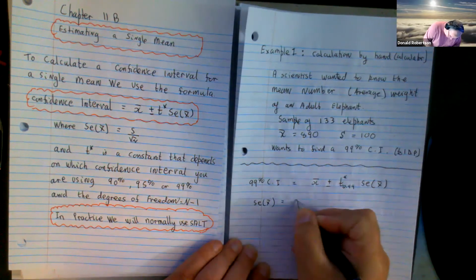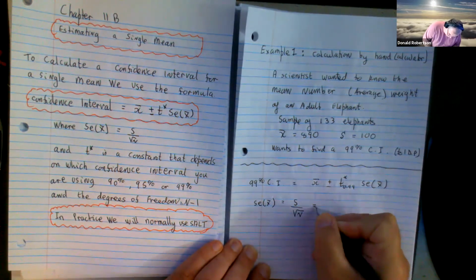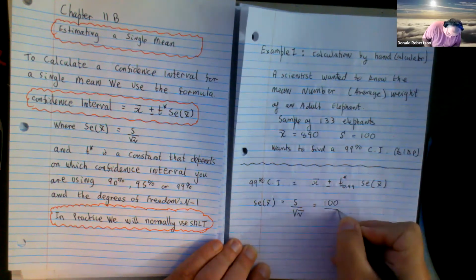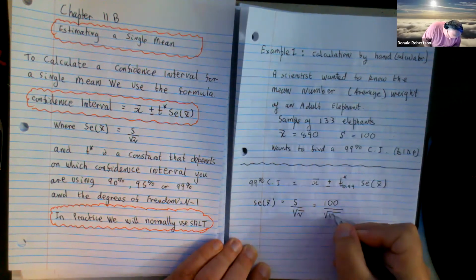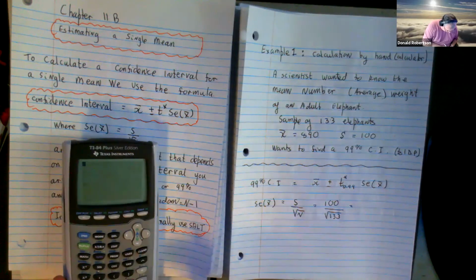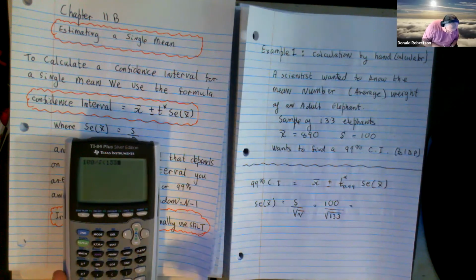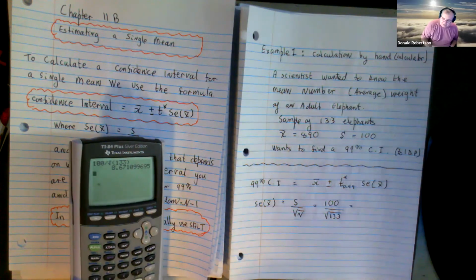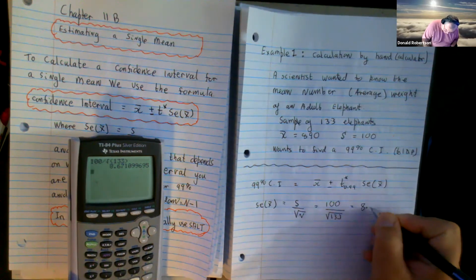And the standard error is the standard deviation divided by the square root of n, which in this case is 100 divided by the square root of 133. So I'll go to my calculator and find out what 100 divided by the square root of 133 is. And there's a couple of questions in your homework where you're actually asked to do that, just find the standard error. So in this case, to 1 decimal place, it's about 8.7.